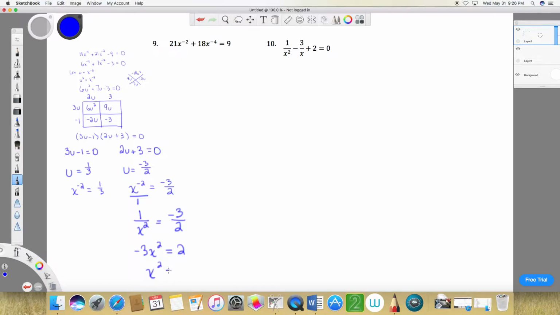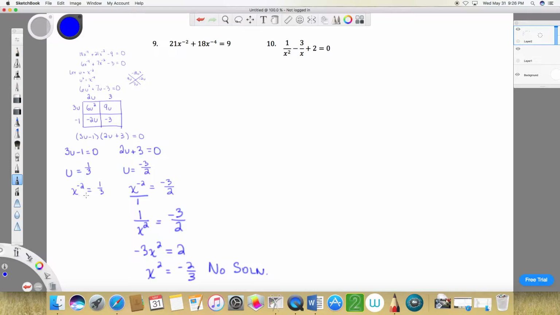I have x squared is equal to negative 2/3. Now here, warning signals should definitely be going off. How could you take a number and multiply it times itself, and how can it ever be negative? This gives us no solution.